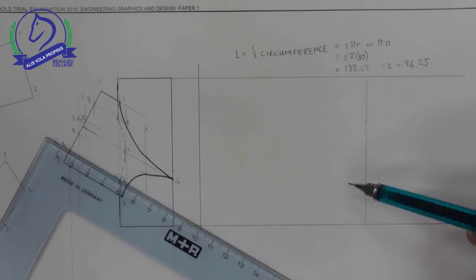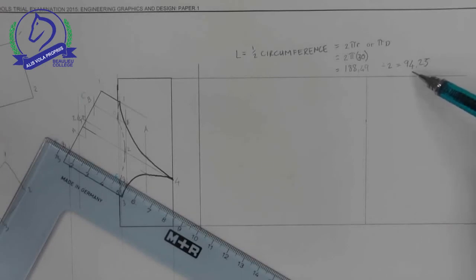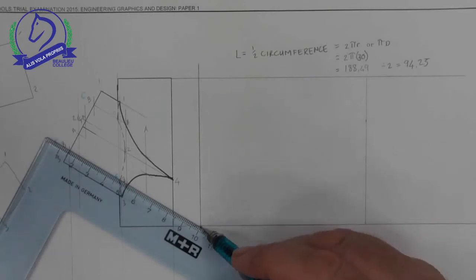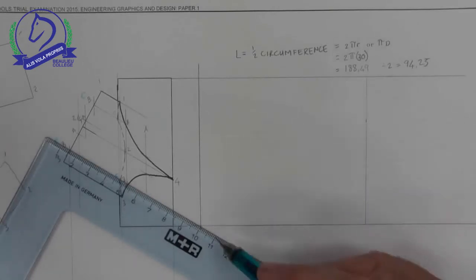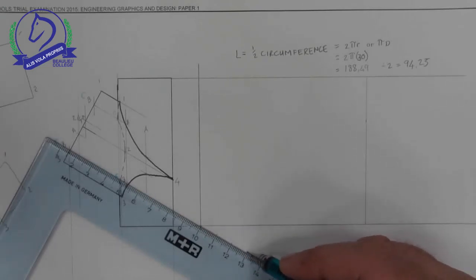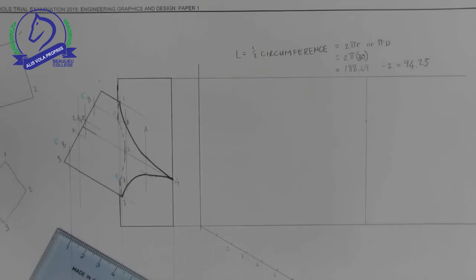Now, because this distance is not a number that is divisible by 6, we're going to have to do the line division method. So I'm drawing, and this could be any angle. I'm drawing a 30-degree angle, and what I'm going to mark off is 6 equal spaces. Then we've got to join that with our set square to the last edge.